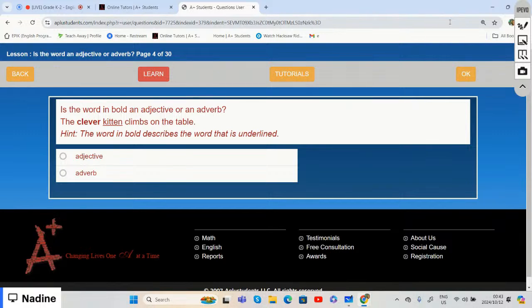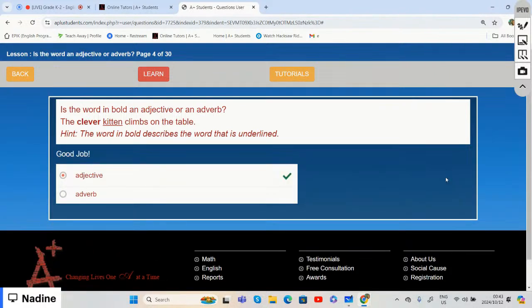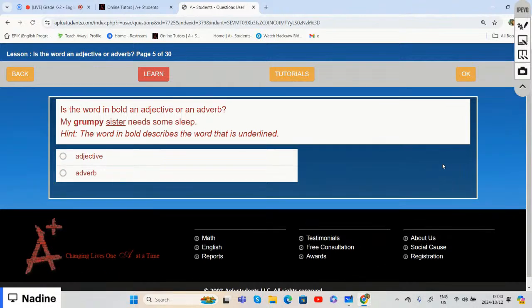All right, and if we were to choose our correct option, we can say this is an adjective, right? Because it's saying that the kitten is clever, which means that we are describing the noun.